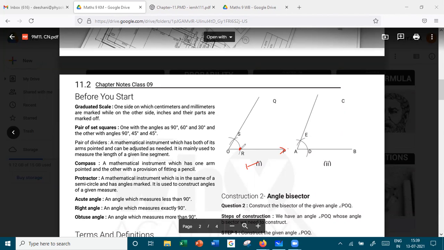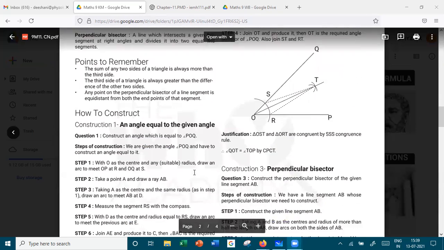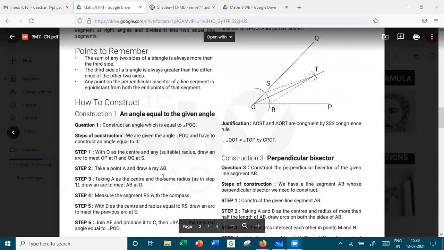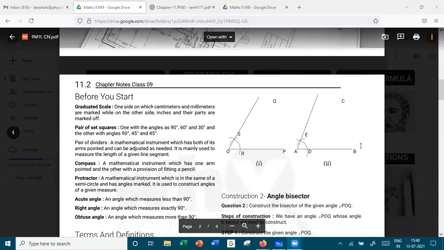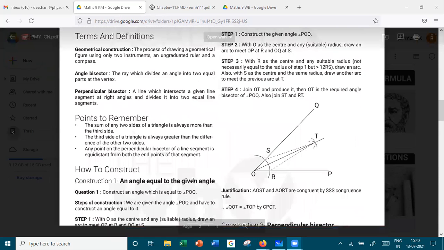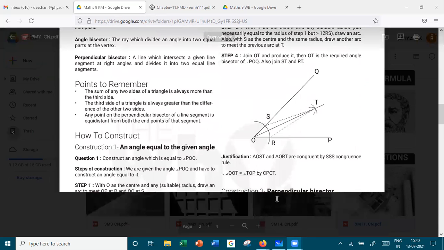And then you take the same radius and make a cut at S, right? So on your paper you will be drawing any line AB and then you make the arc, right? Okay, let me just do it and show it to you.